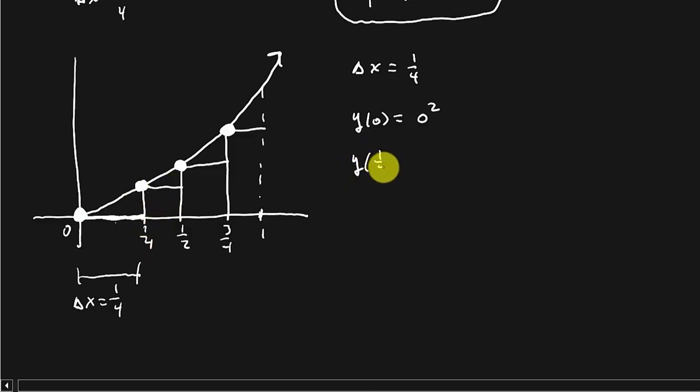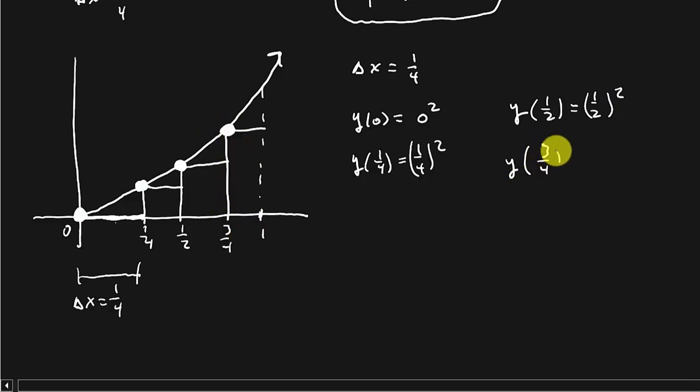So y of 1/4 is equal to 1/4 squared. And then for this rectangle, we plug the 1/2 in. So y of 1/2 is 1/2 squared. And then for the last rectangle, we plug in the 3/4 to get that height. So y of 3/4 is 3/4 squared.